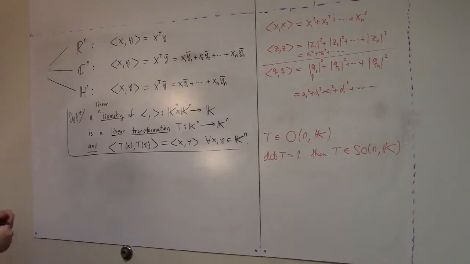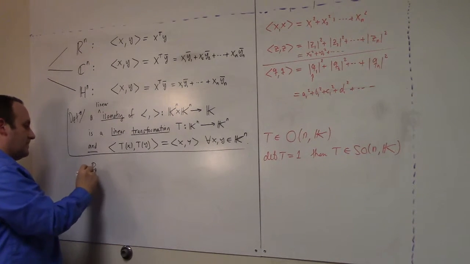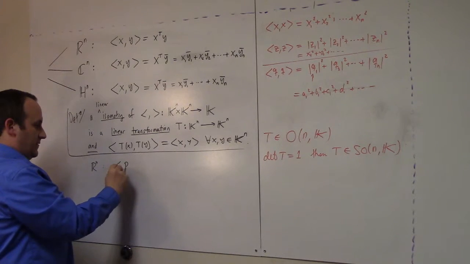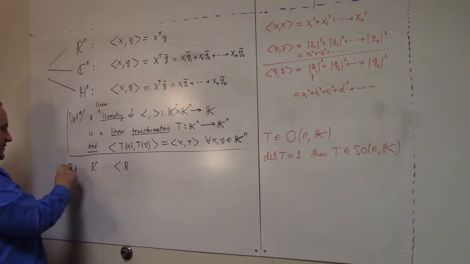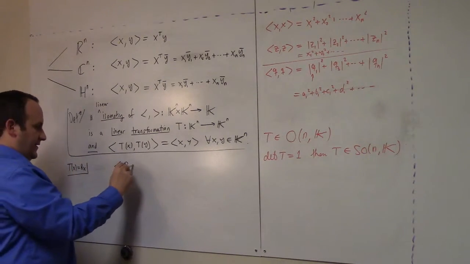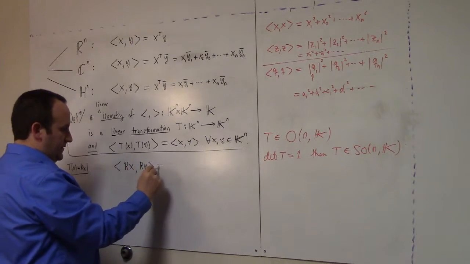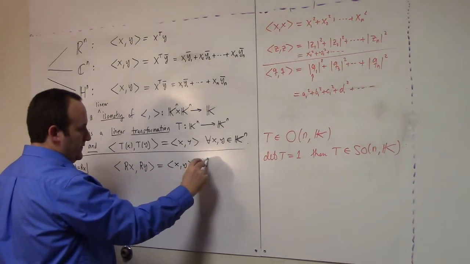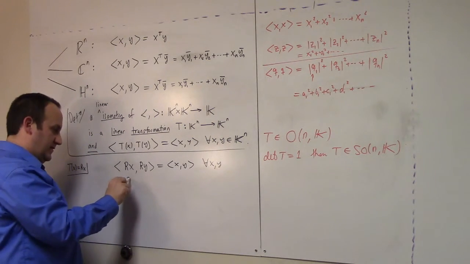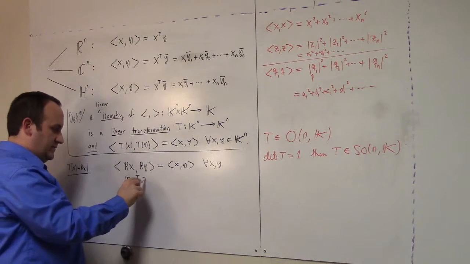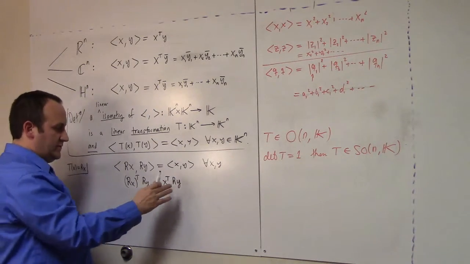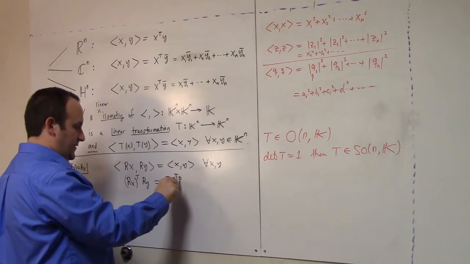So first of all, Rn. Check this out, let T of x equal Rx. So we have Rx, comma, Ry equal to x, y for all x and y. So what does that give us? That gives us (Rx) transpose Ry, which is x transpose R transpose R y.